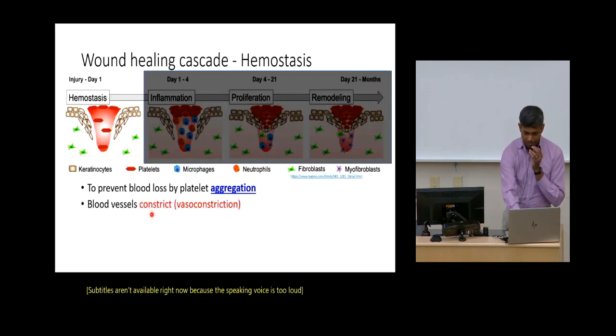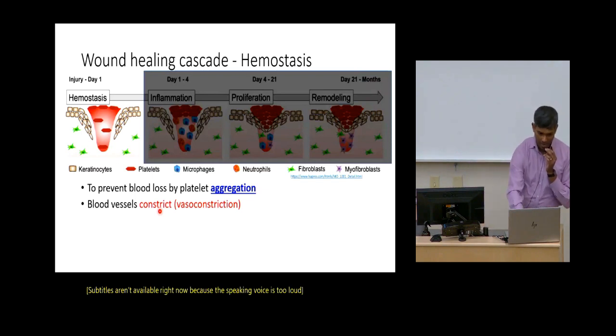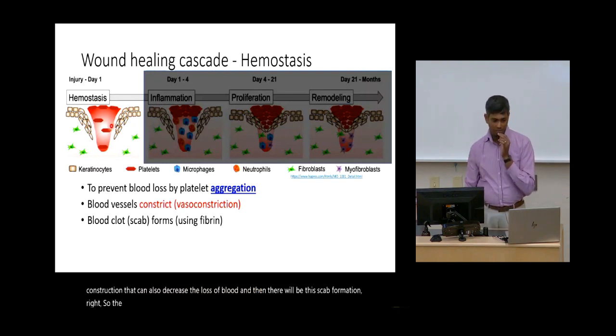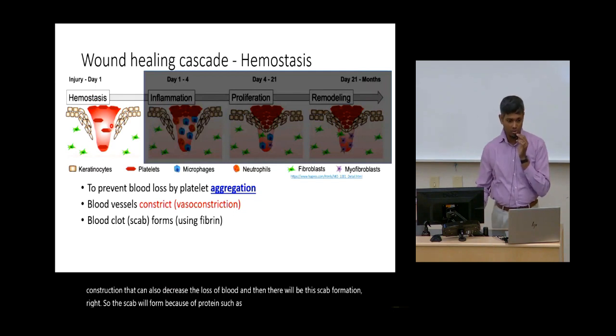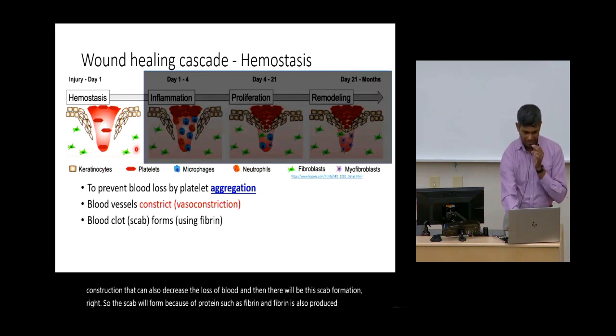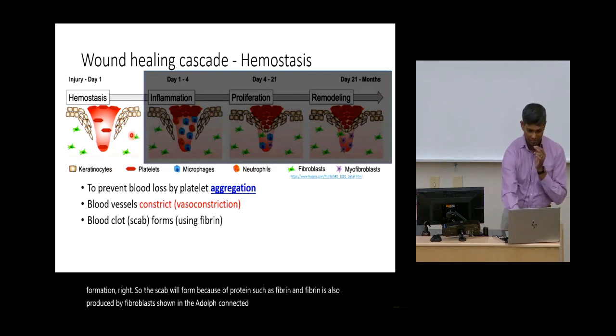And then the blood vessels will also constrict. This is called vasoconstriction. That can also decrease the loss of blood. And then there will be scab formation, right? The scab will form because of proteins such as fibrin, and fibrin is also produced by fibroblasts, shown in the areolar connective tissue, shown here in green.